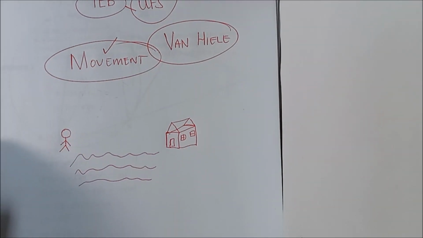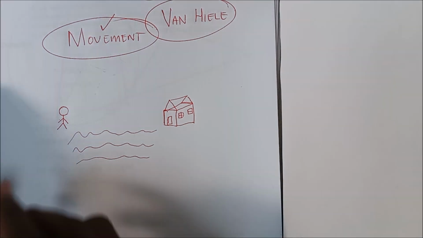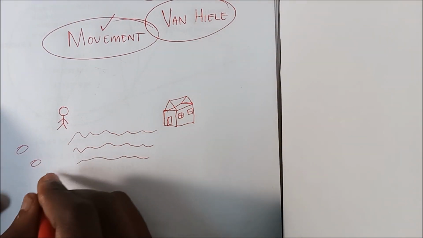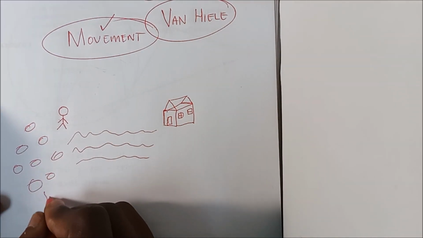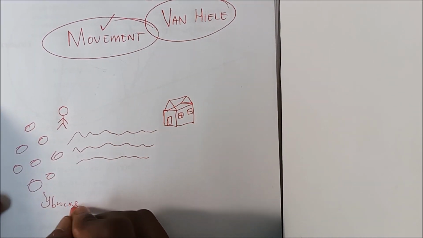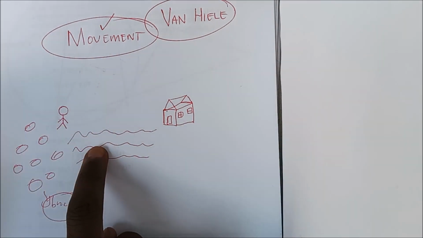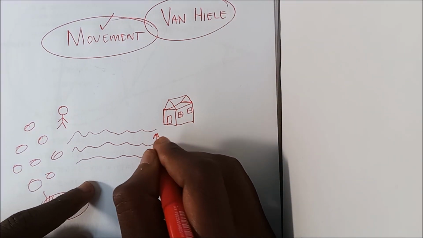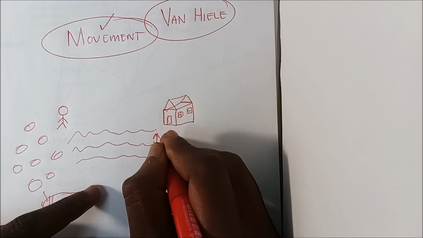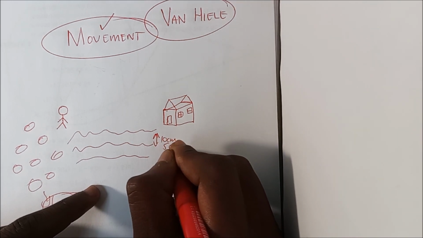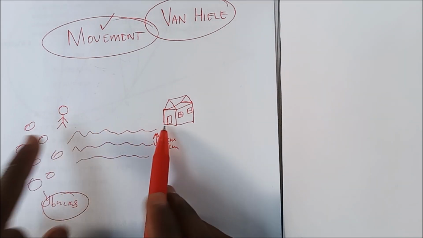This is a practical thing. Let me put circles, and those circles will represent bricks. This is you. This is some sort of a river, let's say it's 10 centimeters or 5 centimeters deep, and you want to cross.